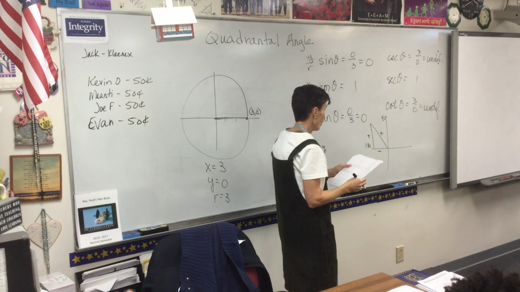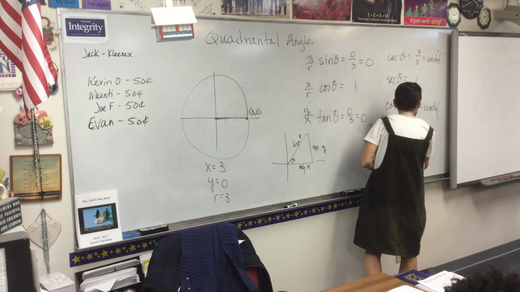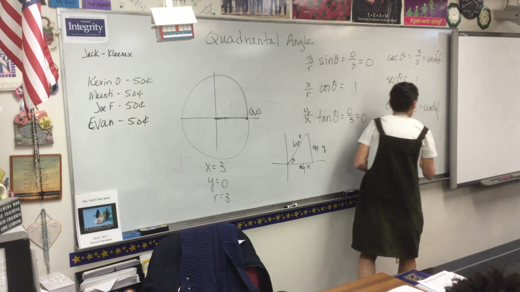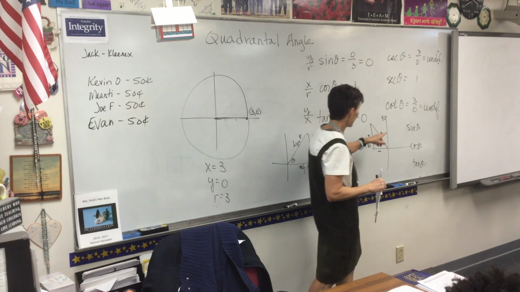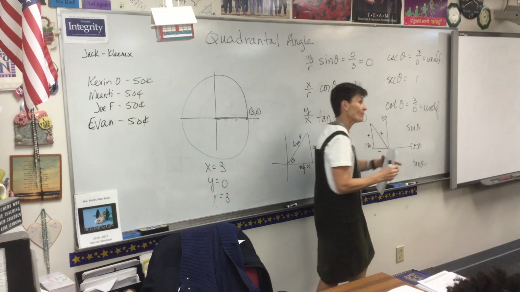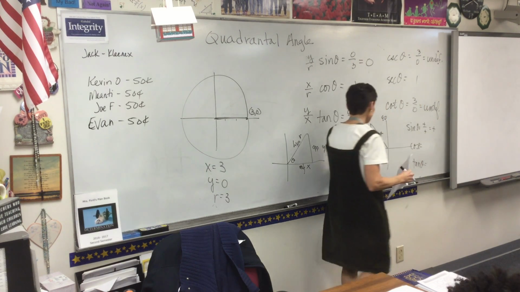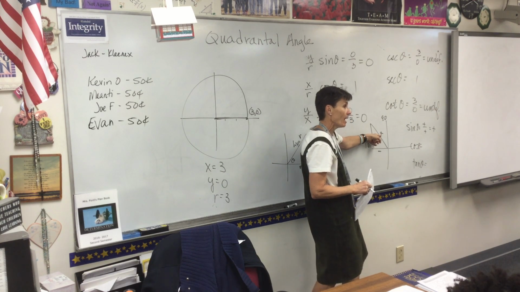Now I want to know if the sine is a positive or negative number. Stop and think about it for a minute. Positive. The sine would be positive, and how did you know that? You're exactly right. Plus over plus, because sine is opposite over hypotenuse.